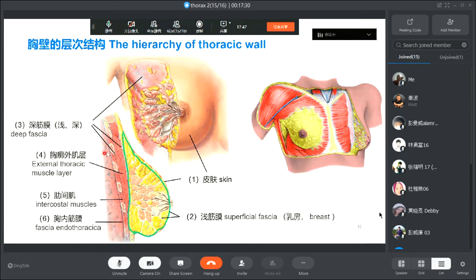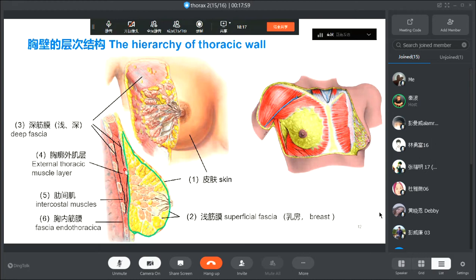This green line shows the outline of the superficial layer, and the black line shows the outline of the deep fascia.